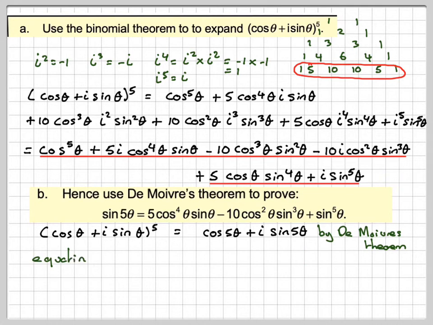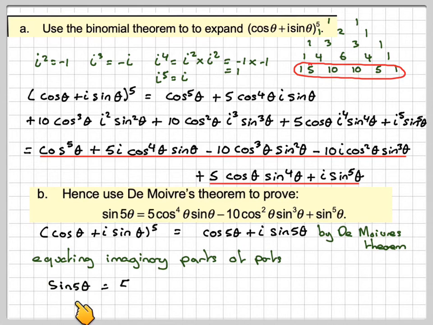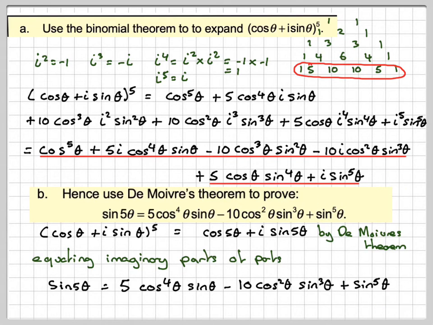So, equating the imaginary parts, we will get sin 5 theta is 5 cos to the 4 sin theta. The first imaginary part is this one. We don't need the i, we're just equating the parts. We won't need this bit because it's real. This bit's imaginary, so it'll be minus 10 cos squared sin cubed. And this next bit's real, so the last imaginary bit will be plus sin to the power of 5 theta.